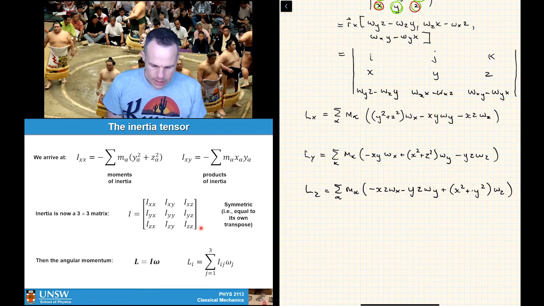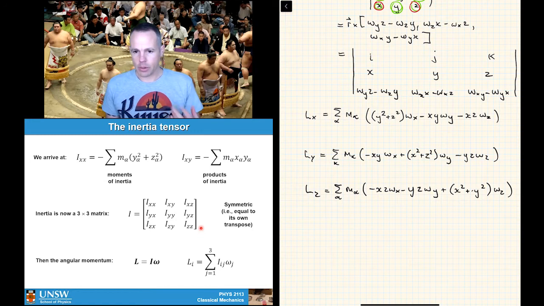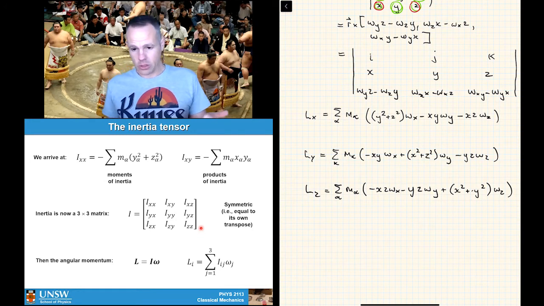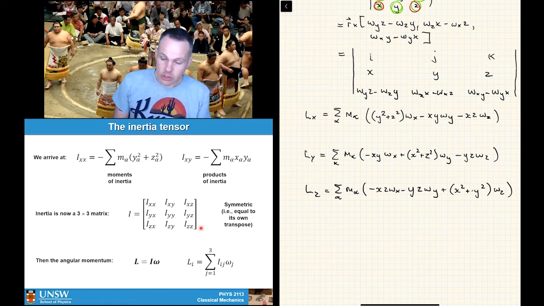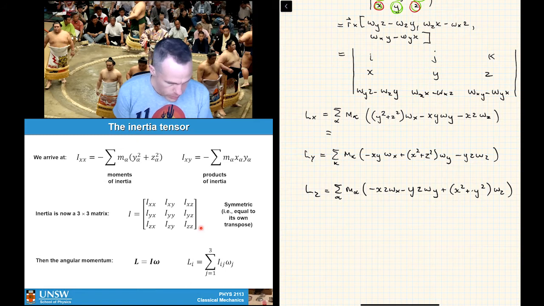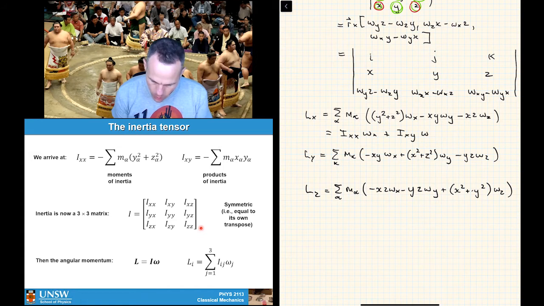What we can do in here is break this up now into components of omega x and omega y and omega z, right? Because it's obvious from what we've done before that that's going to be what happens, and you can see them floating around in here. So this would be now what we could call like an Ixx omega x plus Ixy omega y plus Ixz omega z.